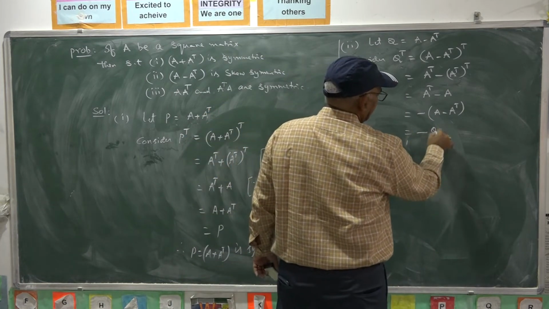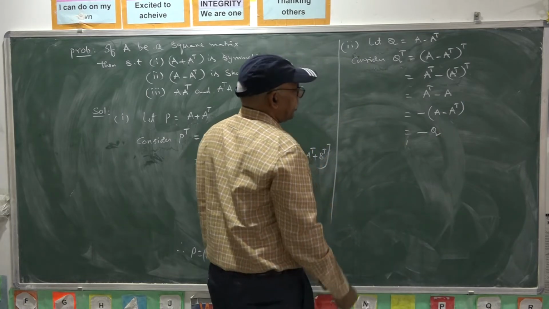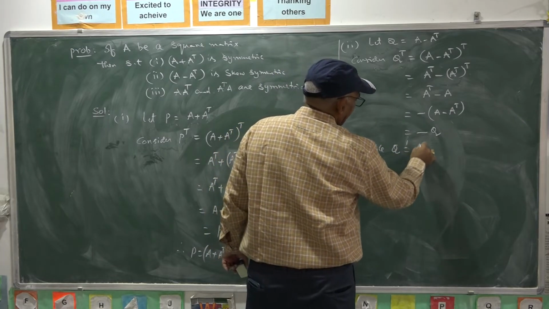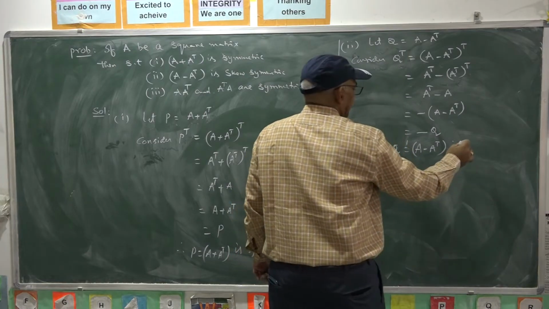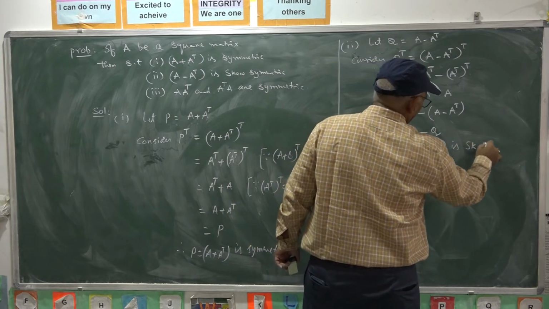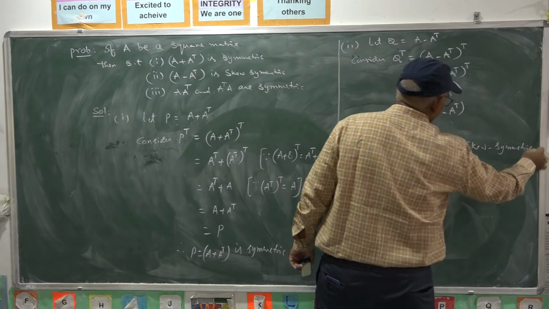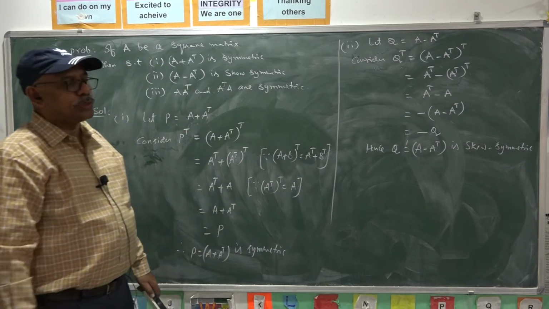This is minus Q. Q transpose equal to minus Q. Hence, Q, that is A minus A transpose, is skew symmetric by its definition.